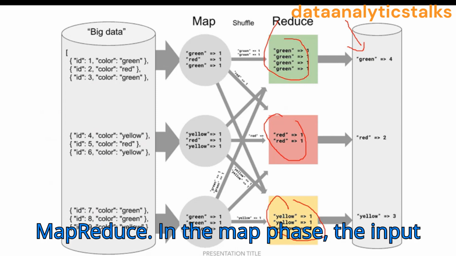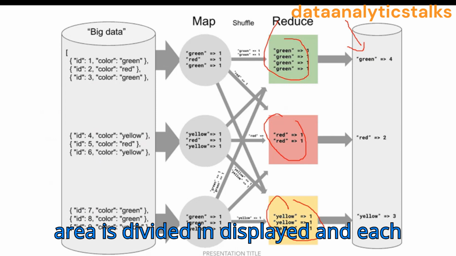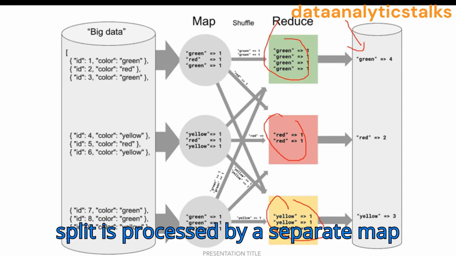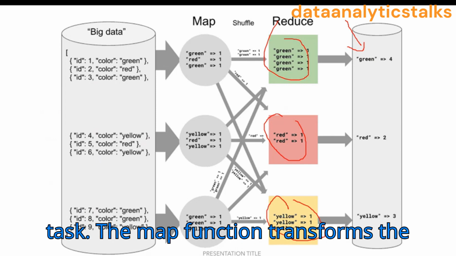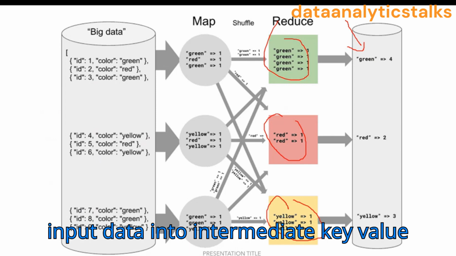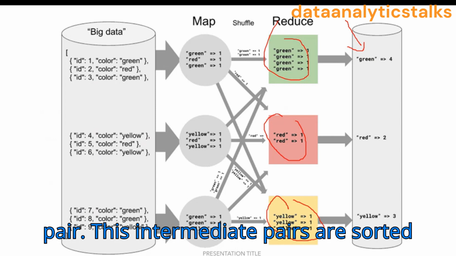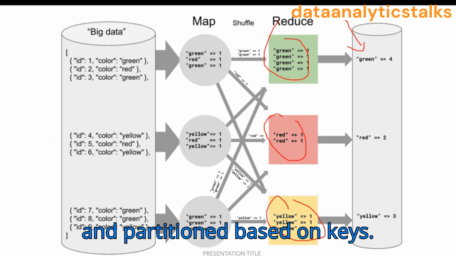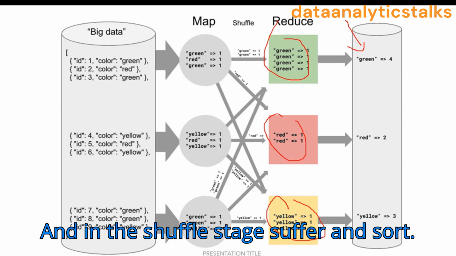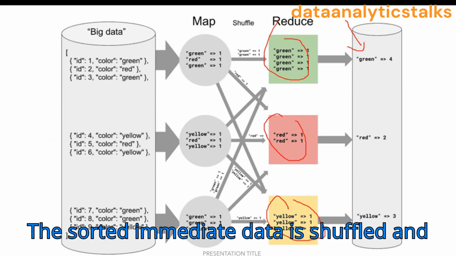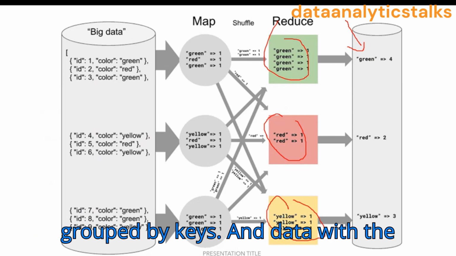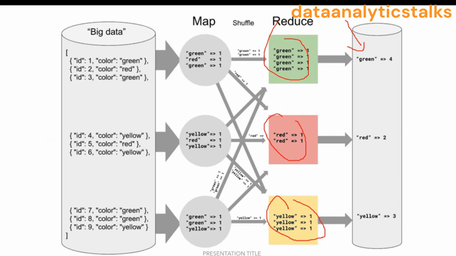So in MapReduce, in the map phase, the input data is divided into splits and each split is processed by a separate map task. The map function transforms the input data into intermediate key-value pairs. These intermediate pairs are sorted and partitioned based on keys. In the shuffle and sort stage, the sorted intermediate data is shuffled and grouped by keys, and data with the same keys is sent to the same reducer.